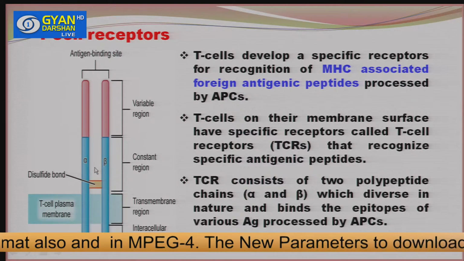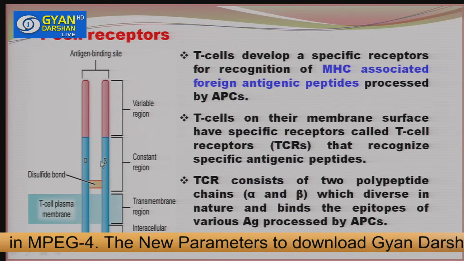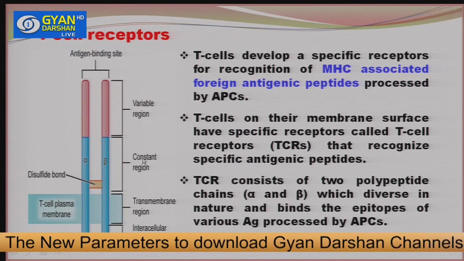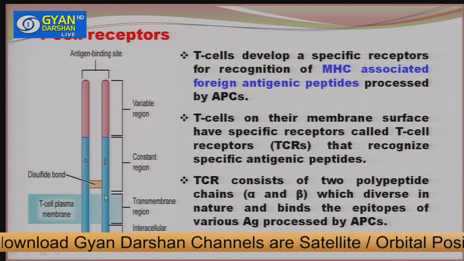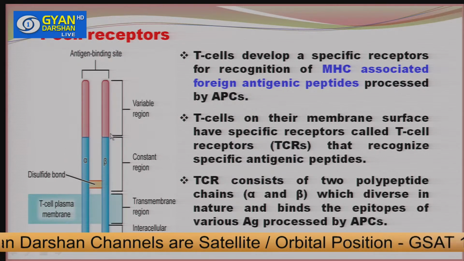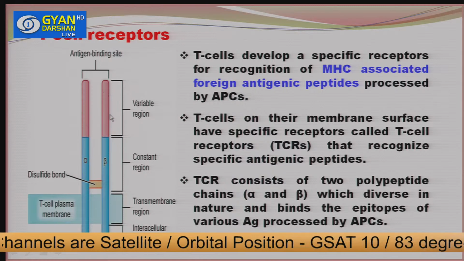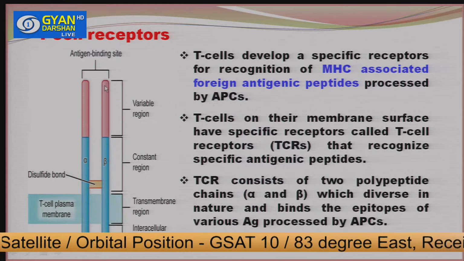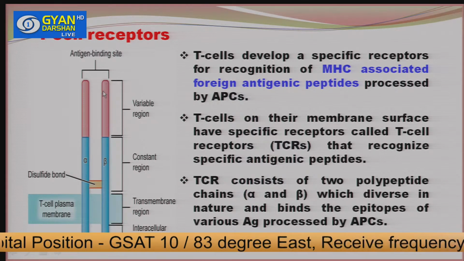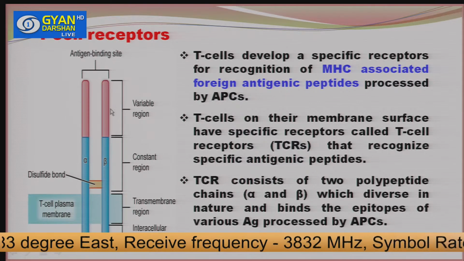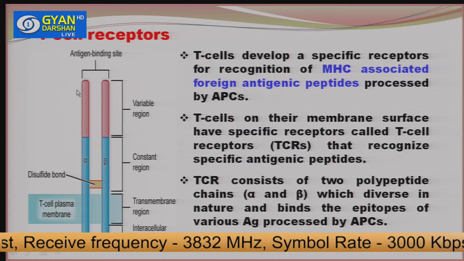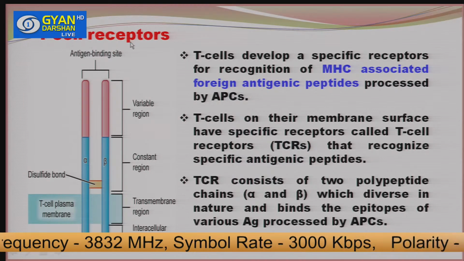There are two chains, one is the alpha chain and the second is the beta chain, and constant regions are there. The constant region is a very important region. Here are the variable regions, which are present on the surface of the T cells. Here are the antigen binding sites, the variable regions. So you can say it is a T cell receptor.